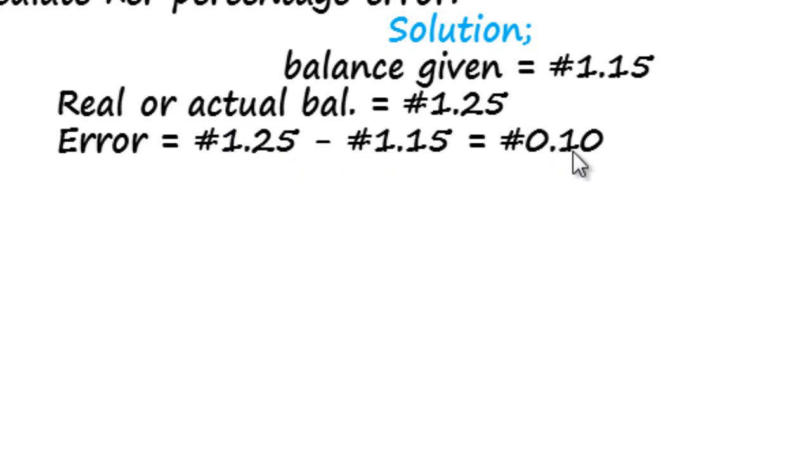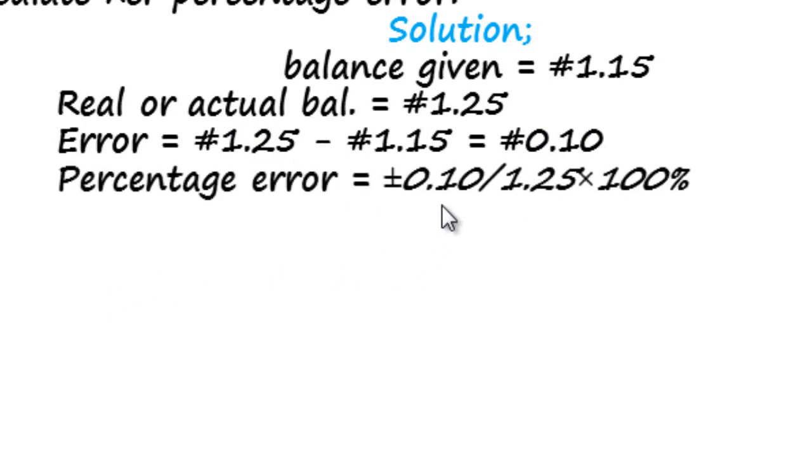The error is now 0.10, and then according to the formula, percentage error is equal to error over measurement times 100. So the percentage error will now be the error, 0.10, divided by the actual value, which is 1.25, times 100. Are you following now?